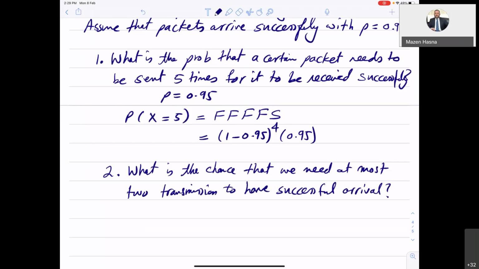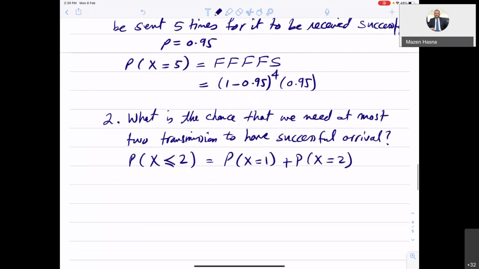Probability of X less than or equal to 2, which is probability of X equals 1 plus probability of X equals 2. Probability of X equals 1 means you have success from the first try, so it's simply 0.95. Probability of X equals 2, you have a failure followed by a success.